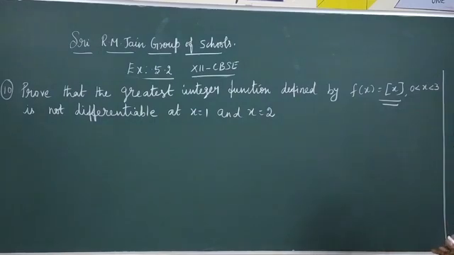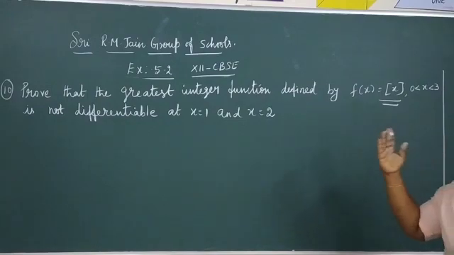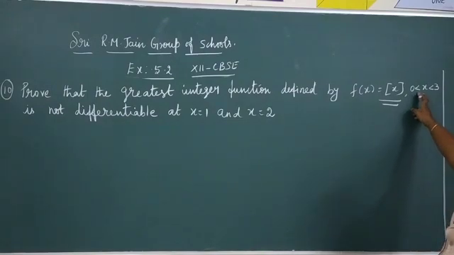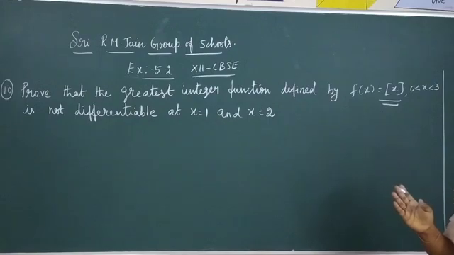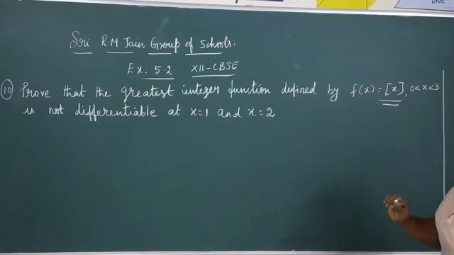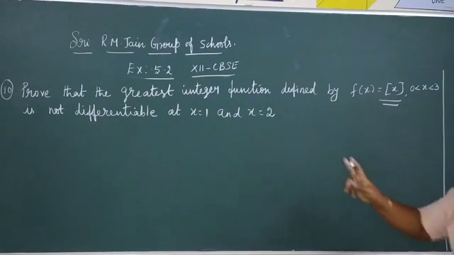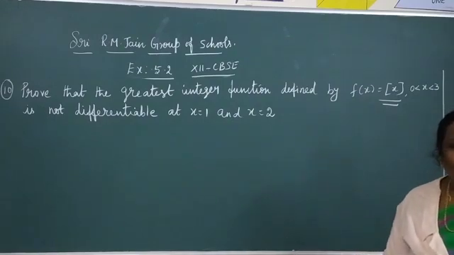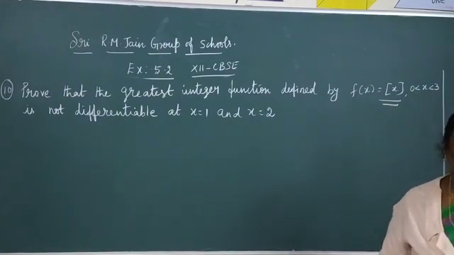Closed interval means we can take the values 0 and 3. If it is an open interval, we exclude the values 0 and 3. So the greatest integer function f of x on the interval 0 to 3 is not differentiable. First, we have to see it at x equal to 1 and x equal to 2.